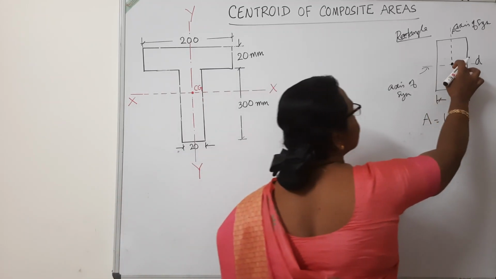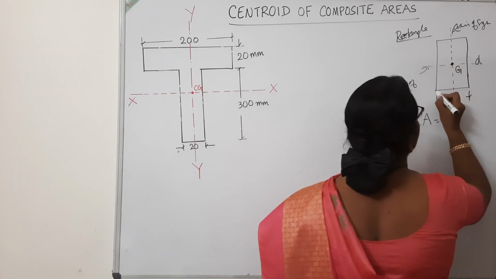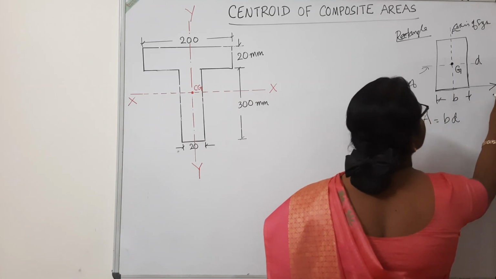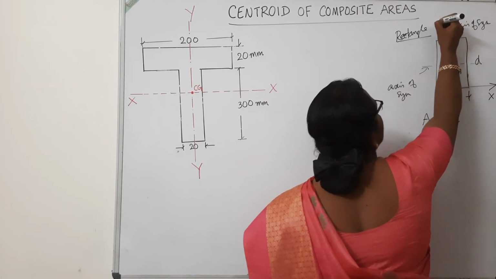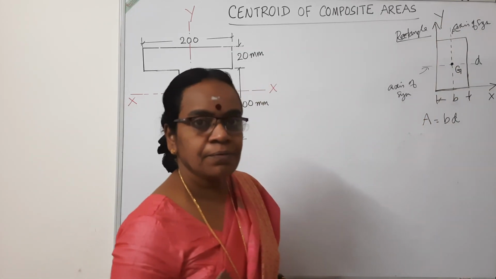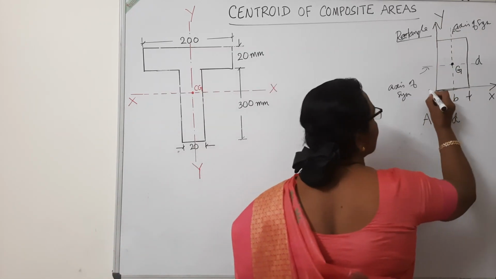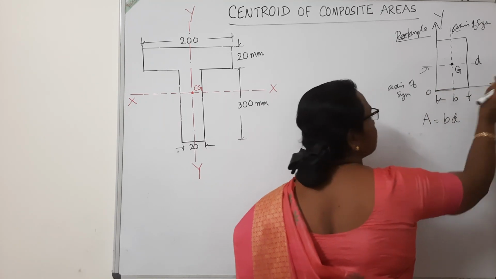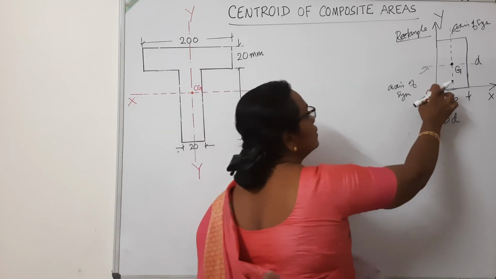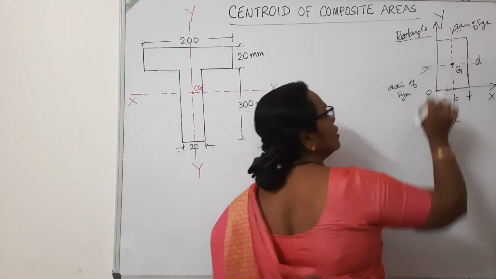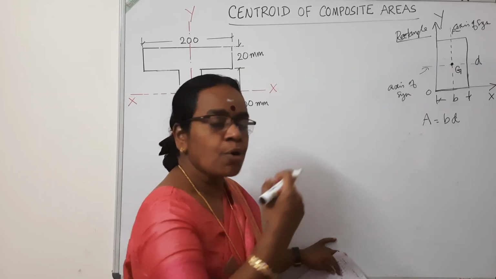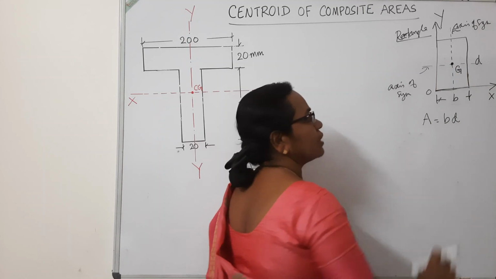Now, for the distance to this centroid, we can take the reference axis, the bottommost line of the figure. Let it be taken as X, and the left edge, let it be taken as Y, the reference axes. We take OX as the reference line, the bottommost line of the area, and the left line OY as reference. With reference to the reference axes, what are the coordinates of this center of gravity?